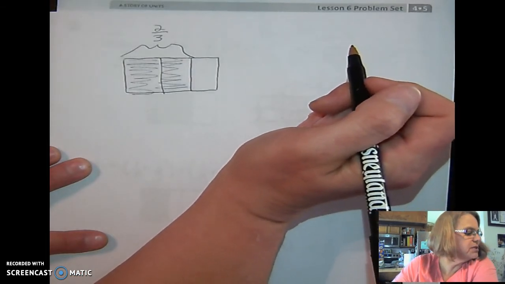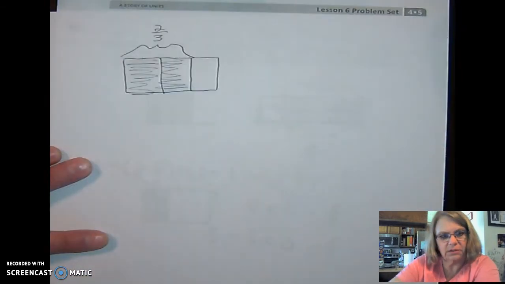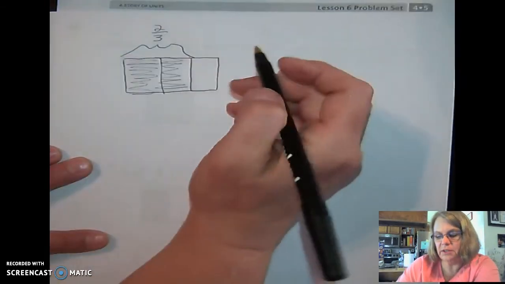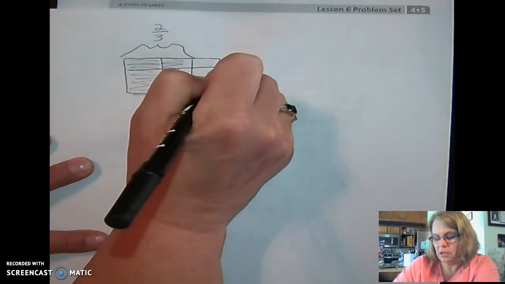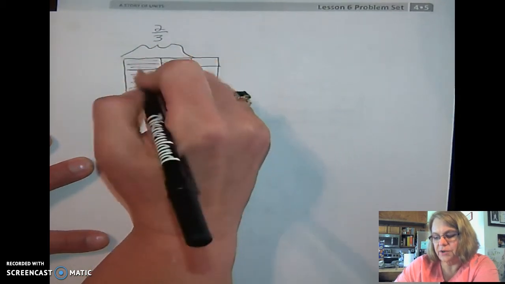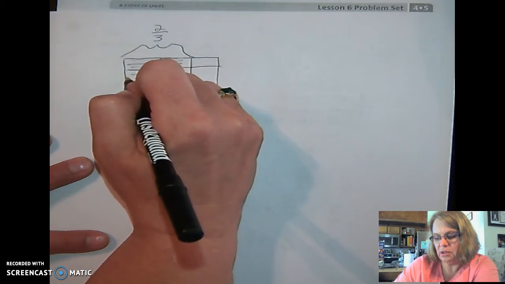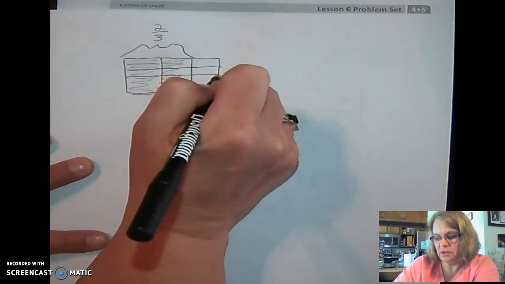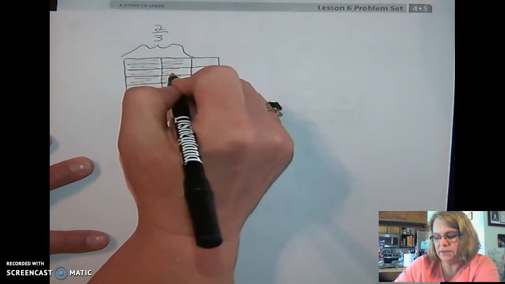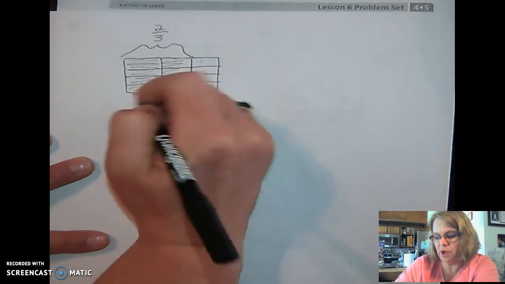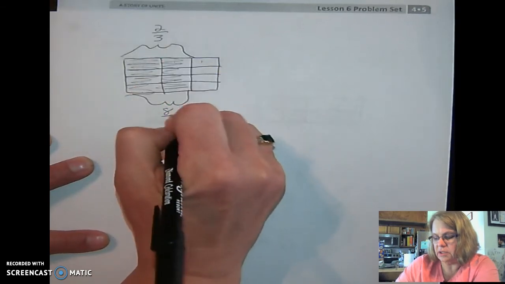Now I'm going to split this box into 12ths. In order to make this into 12ths, it's in thirds, so I need to split this up into 4ths this way. So I have 1, 2, 3, 4, 5, 6, 7, 8, 9, 10, 11, 12. So now I have 8/12.